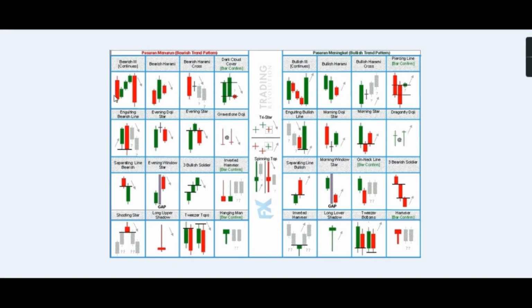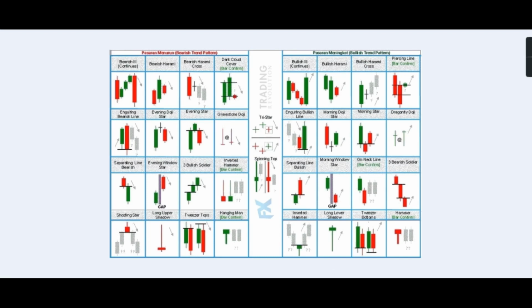So this is basically what a candlestick looks like, guys. The red ones would basically show the momentum to the downside. We call it bearish. So bearish in Forex is downward movement, and bullish in Forex is upward movement. So these green ones would identify the upward momentum of a market.